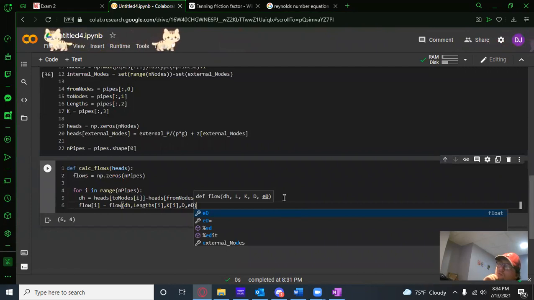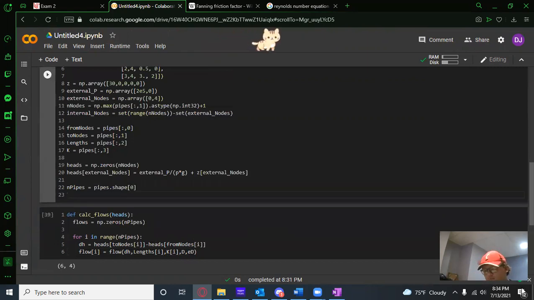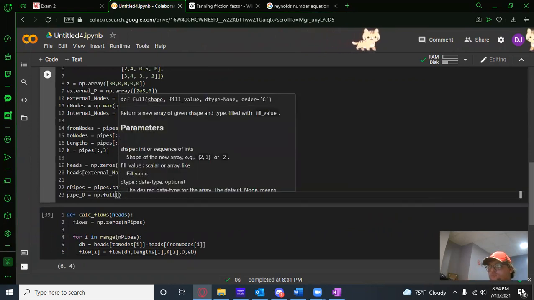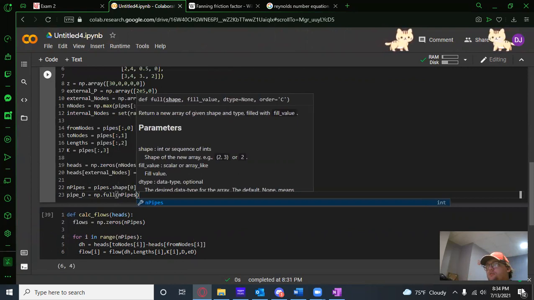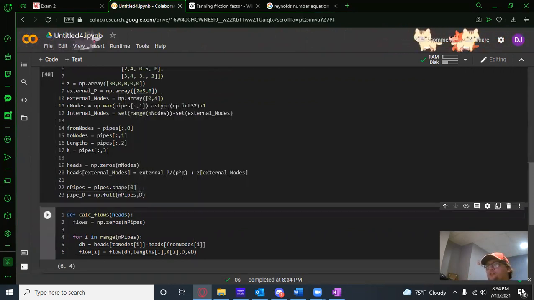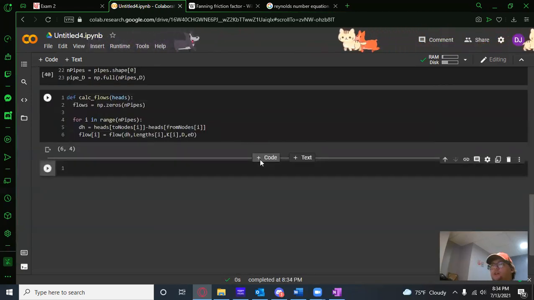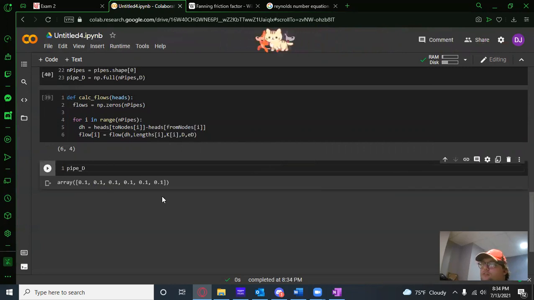Now, one thing you could do is make another array by, for example, pipe D, np.full D in pipes, and then what that does is it creates an array where all the values are the same.